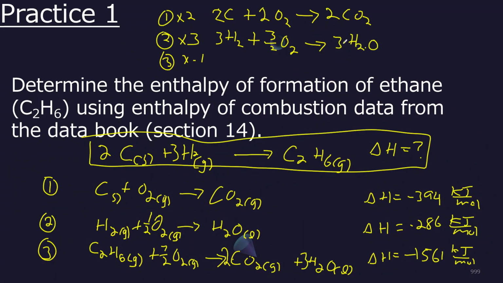And then if we reverse equation 3, we'll get 2 CO2 plus 3H2O goes to C2H6 plus 7 over 2 O2. Okay, so then we want to add these up.